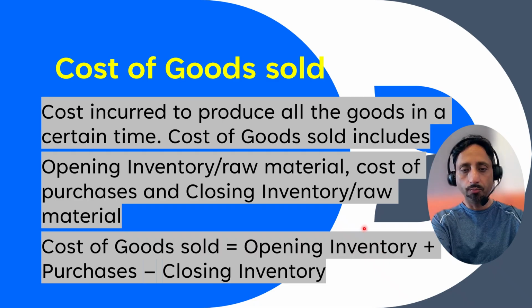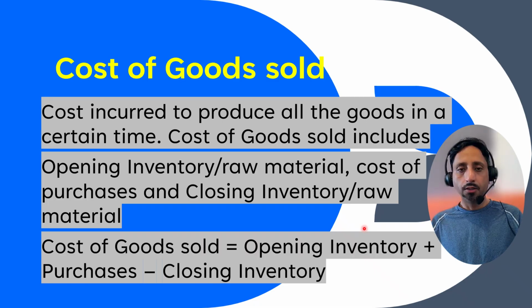Now, what is opening inventory? Opening inventory is the value of raw material at the beginning of the year. So for example, if you start a year on 1st of Jan, then whatever the value of raw material you have that is transferred from the previous year, that is its value, that is the opening inventory.